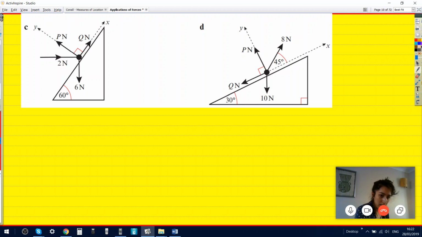What angle is that? What angle is okay? If you make the 2N one a triangle. Like that, is it? No, do that 2N. Yeah.